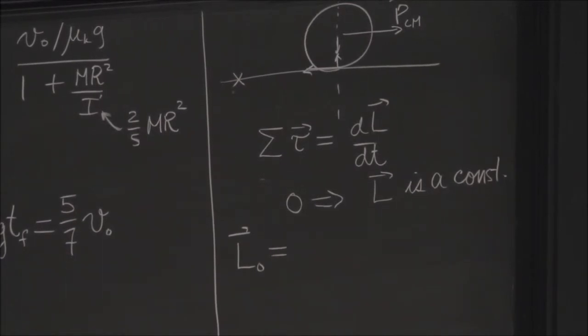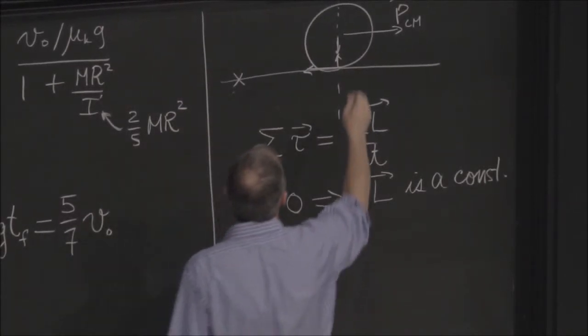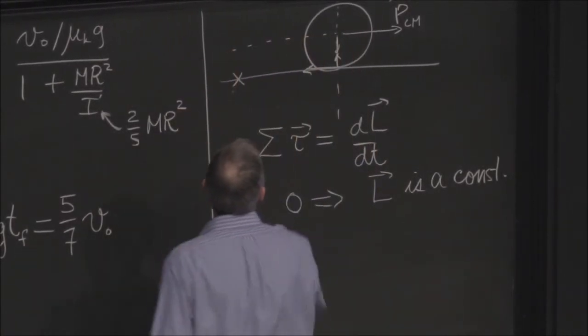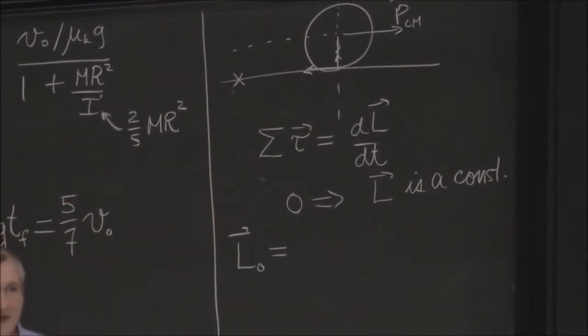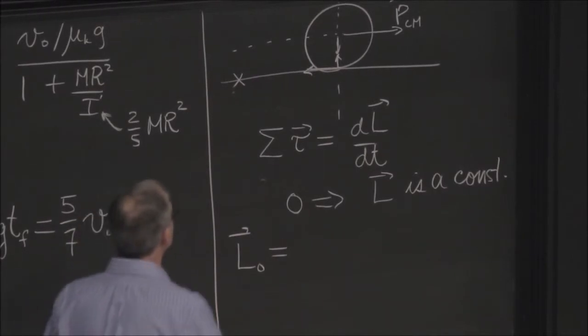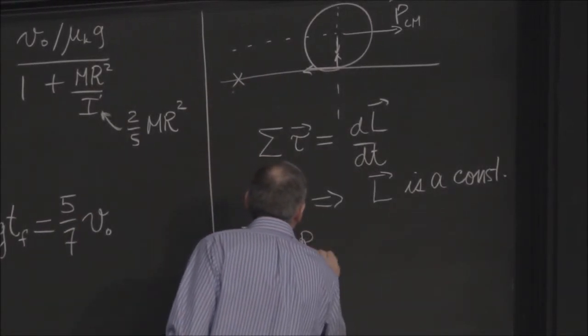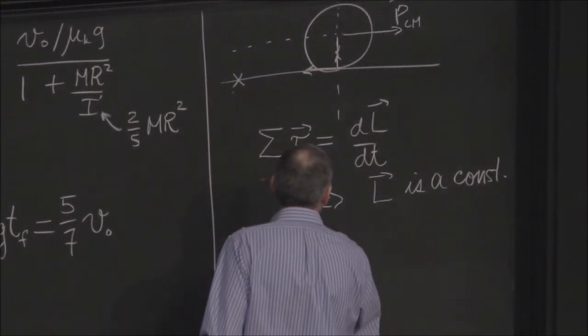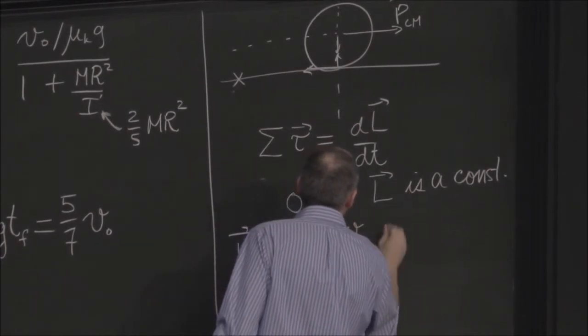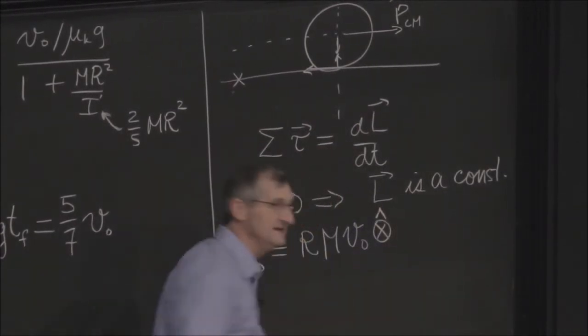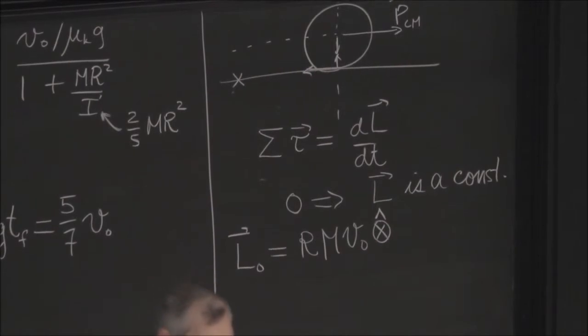So r cross p into the board, and the perpendicular distance to p is just the radius. It doesn't matter how far it's moved down, it's just the radius. And so this one's not hard to evaluate. This is r times m v naught, and that's into the board by the right-hand rule.